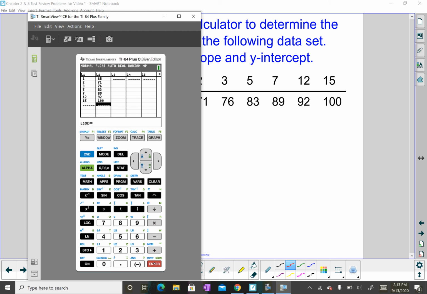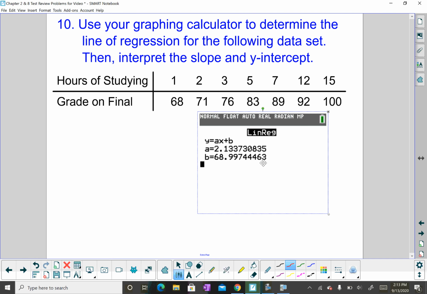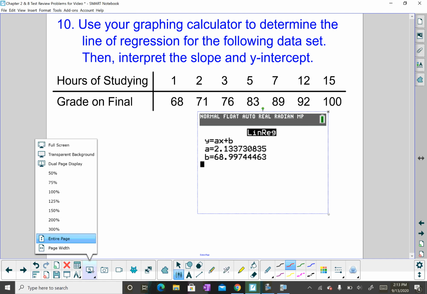Once you have your data in there, to calculate the line of regression, we're going to hit Stat, go over to where it says Calculate, number 4, and then just hit Enter as many times as you need to get your equation. So let me drag that over. There we go.